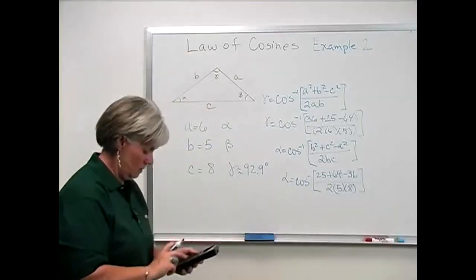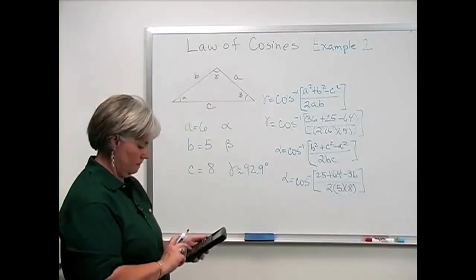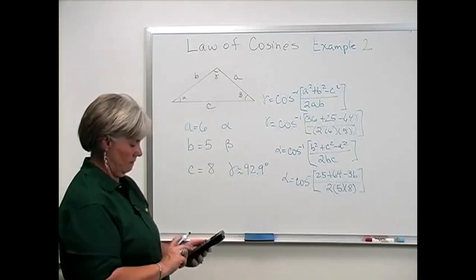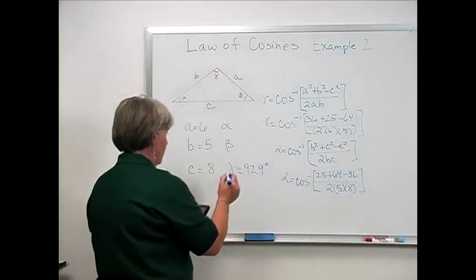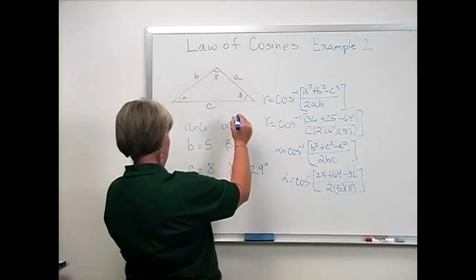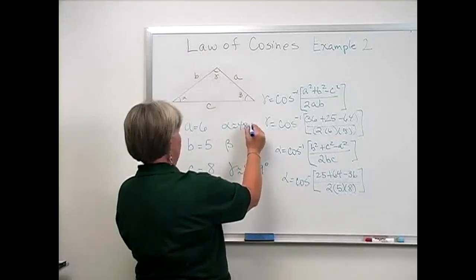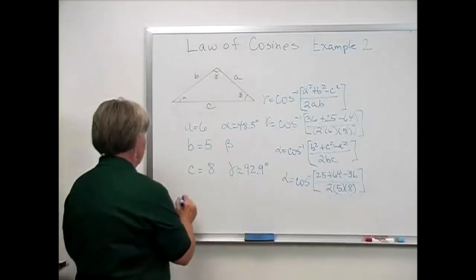All right, so we'll discover what that one is. All right, so we get alpha is approximately 48.5 degrees. So now we can find beta.